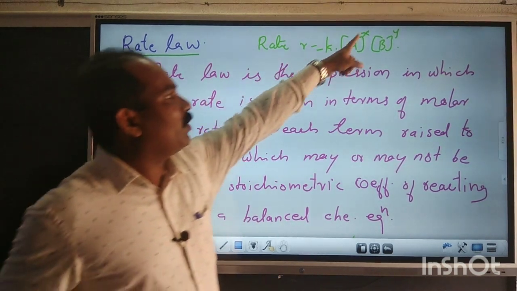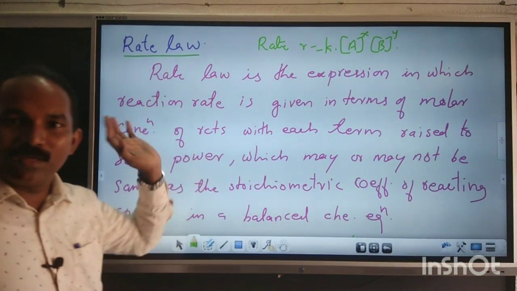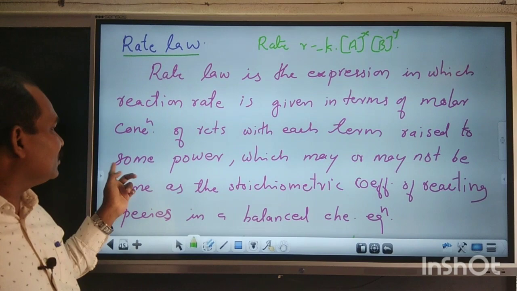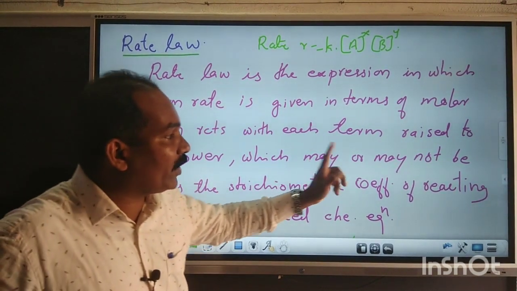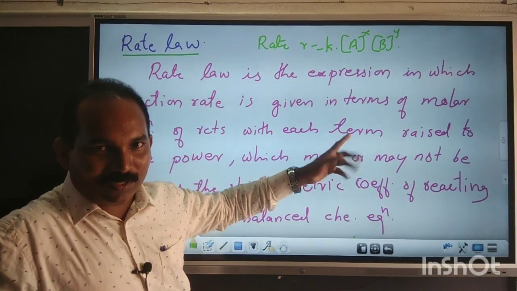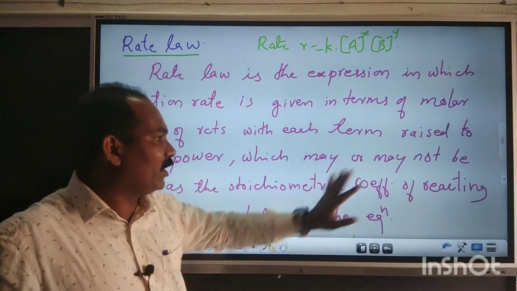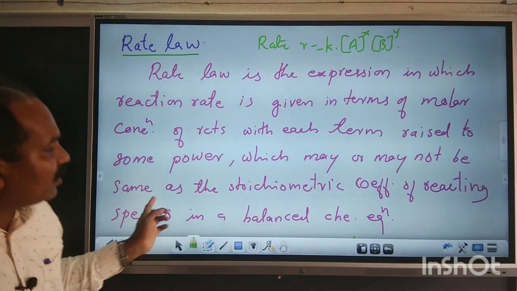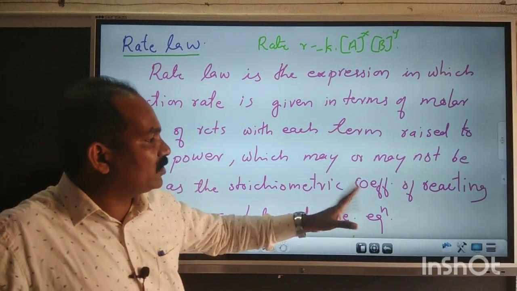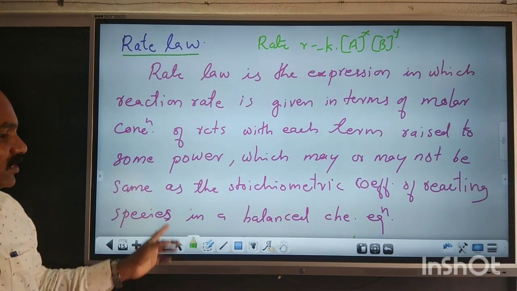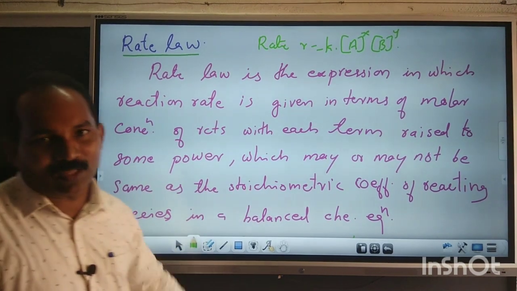You can see that the concentration of the reactants is raised to some power, which may or may not be, sometimes equal, sometimes not equal, to the stoichiometric coefficient of the reacting species in a balanced chemical equation.